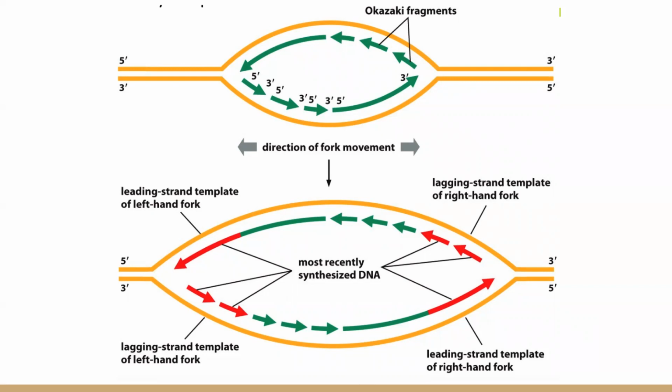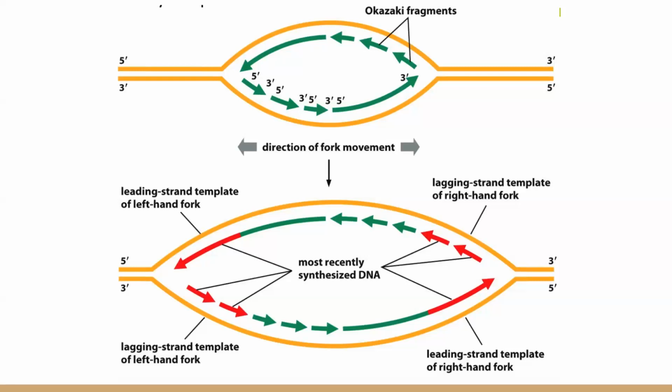But once you get the numbers, you have to think about which direction it's opening up, right? And I think it's easier to find the leading strand first. So this would be the 3' end, this is the 5' end, right? And if it's opening up this way, the number one thing to keep in mind is that you're always adding to the 3' end of a DNA strand.